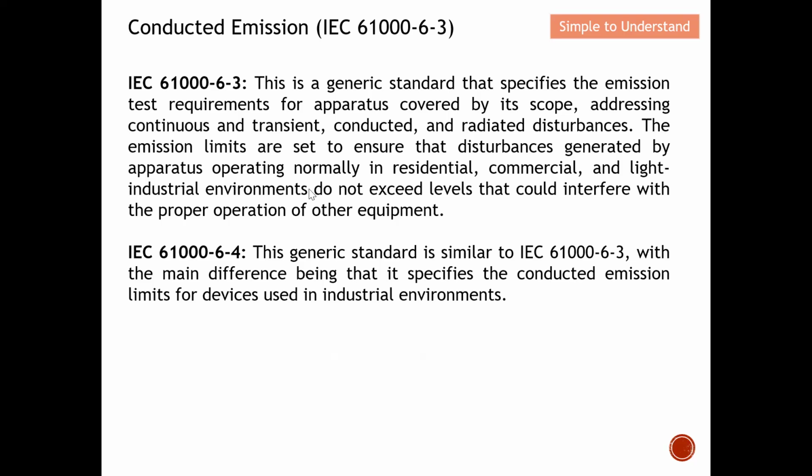And the light industry environment must not exceed limits that could interfere with the proper operation of other equipment. As for -6-4, it is mainly for industrial environments. In short, -6-3 is mainly for residential, and -6-4 is mainly for industry. This is the key difference between these two.